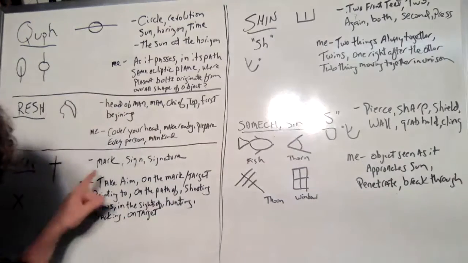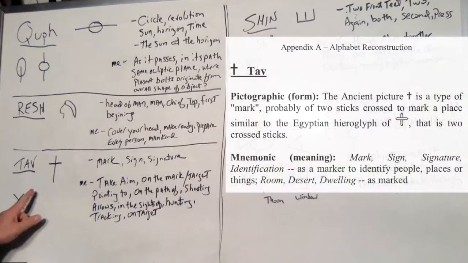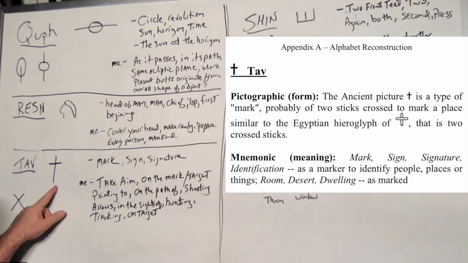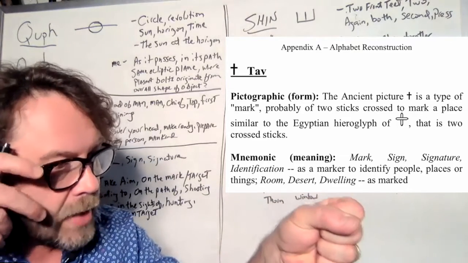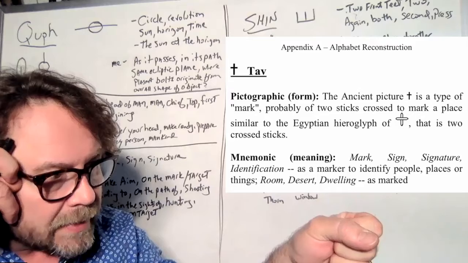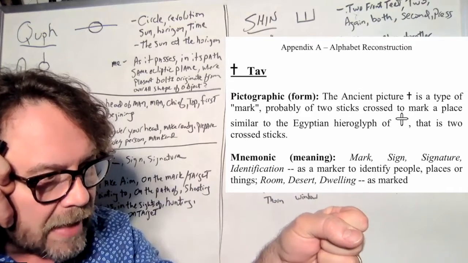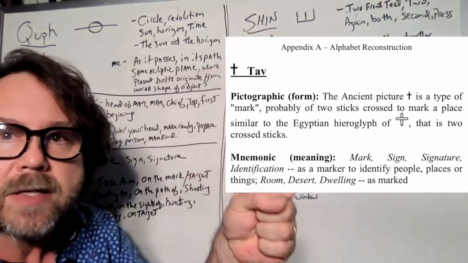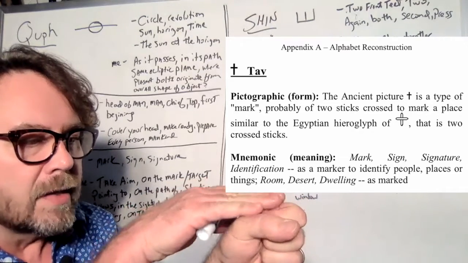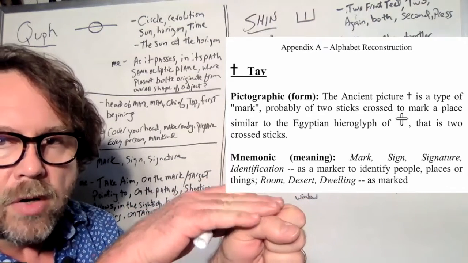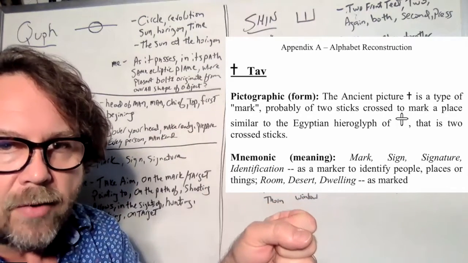Okay, let's look at the next one now. This one is Tav. Okay, now we've kind of talked about this one before here. Remember me talking about the bow? You've got your aeronaut, you've got your animal in your sight and everything, and your bow is straight up and down. Okay, and remember, there's like a little handle or something that you knock your arrow on.